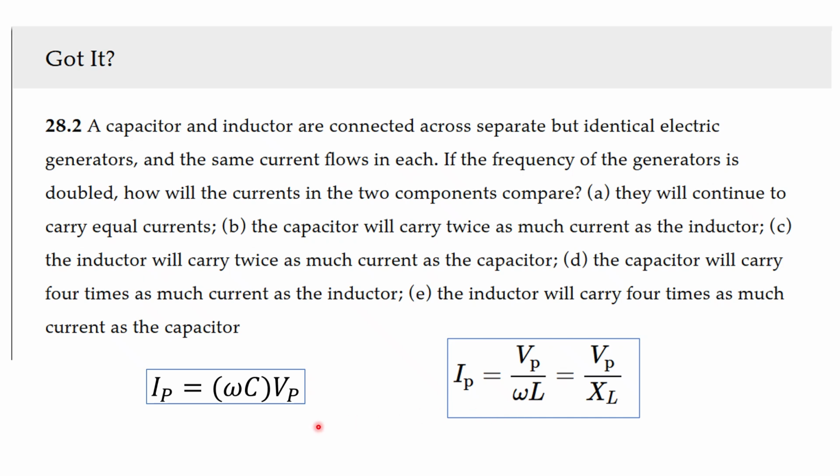I hope you see that the current on the capacitor is going to get doubled if frequency doubles. And yet the current on the inductor is going to get cut in half. So for the capacitor, the current is doubled. For the inductor, it gets cut in half. And so the capacitor will carry 4 times as much current as the inductor.